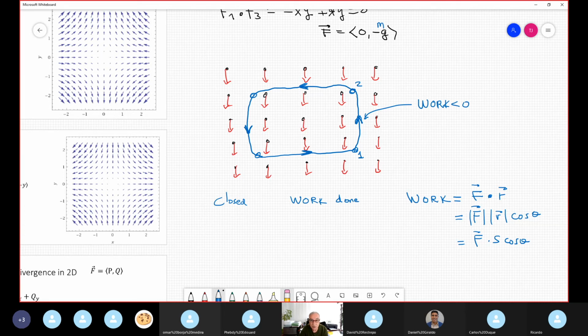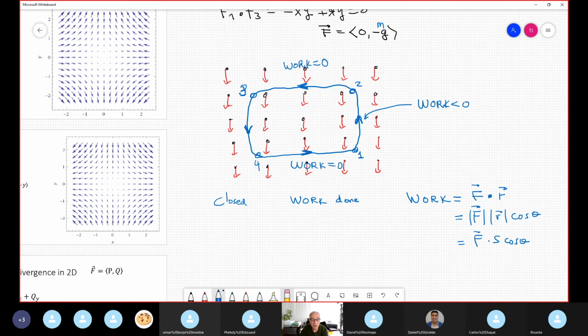And on the trajectory between 2 and 3, the displacement vector has that direction, the force vector has this direction. It's obvious that they are orthogonal, perpendicular, and the work is 0. The same situation happens between 4 and 1. Work is 0 when it's perpendicular.